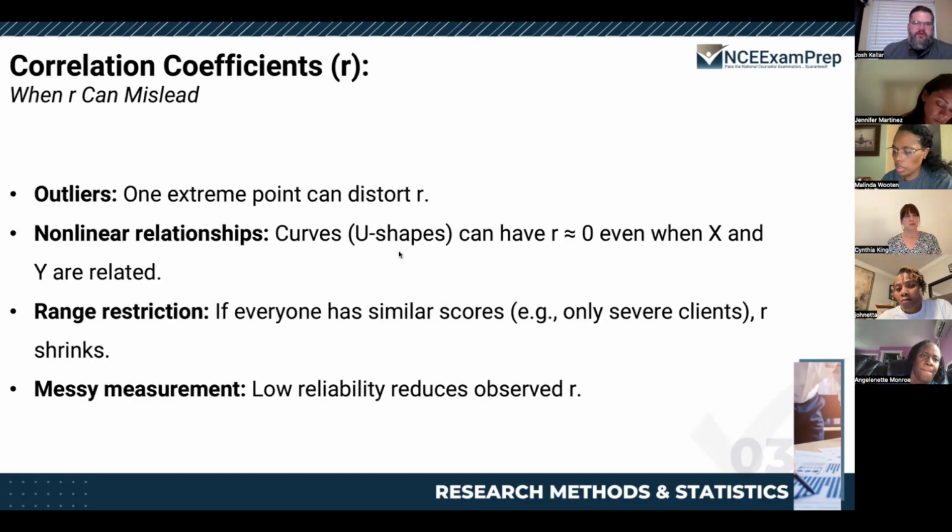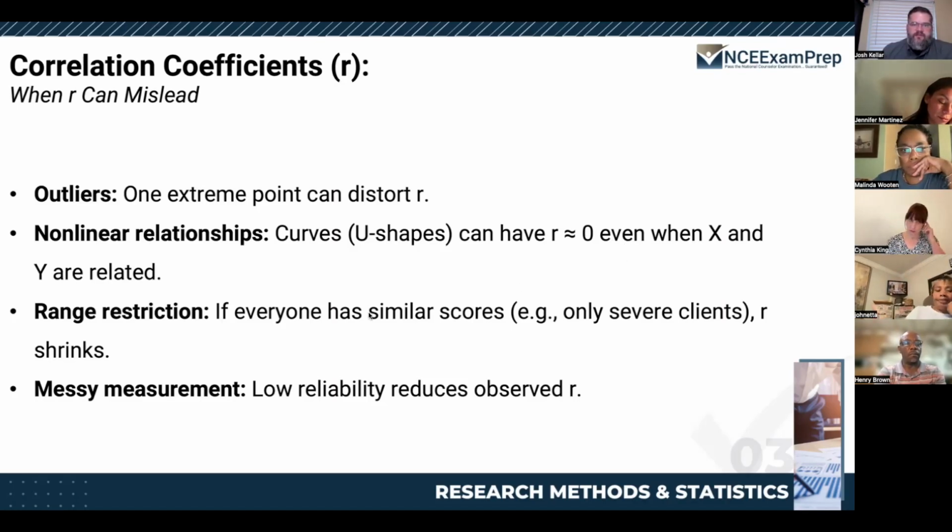So your correlation coefficient can be misled because of outliers, like one extreme point can distort your coefficient. Nonlinear relationships like curves, like U shapes, or if it's oddly shaped, they can have a coefficient of 0 even when X and Y are related.